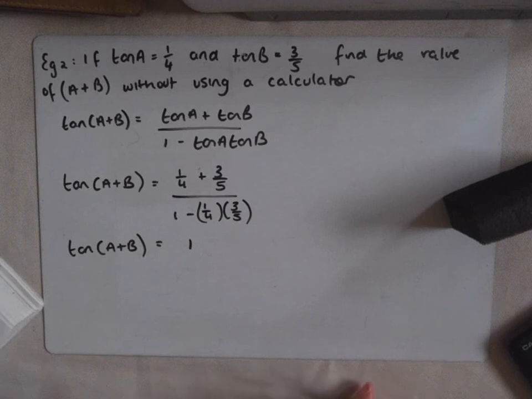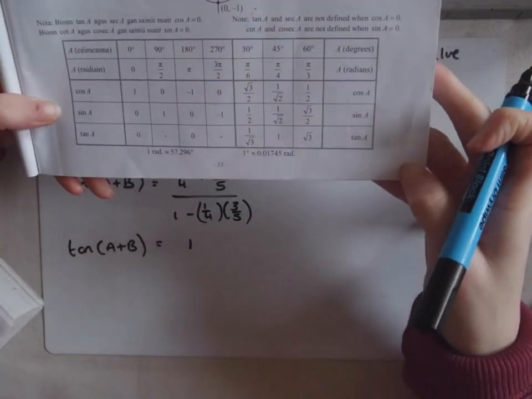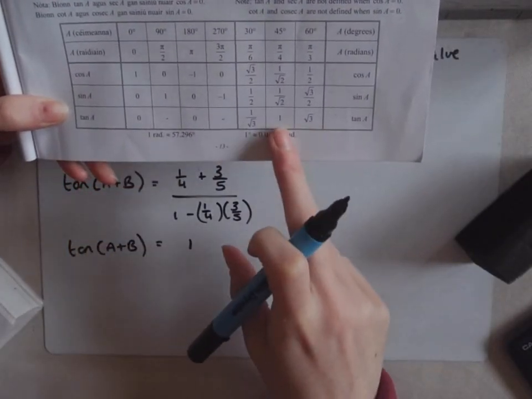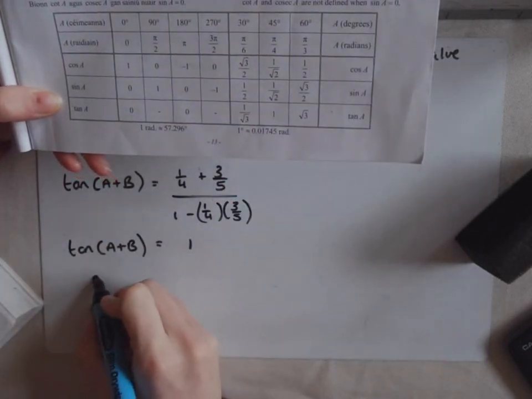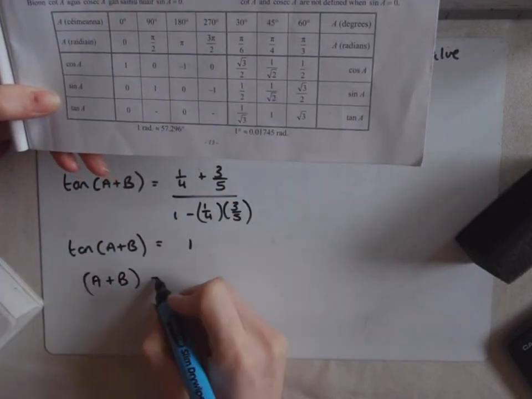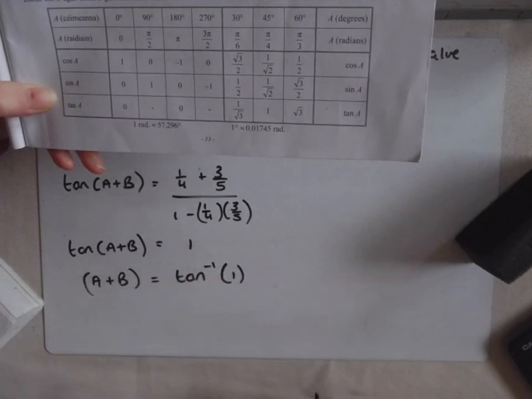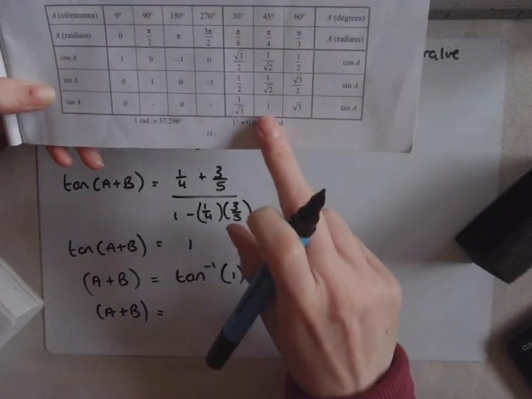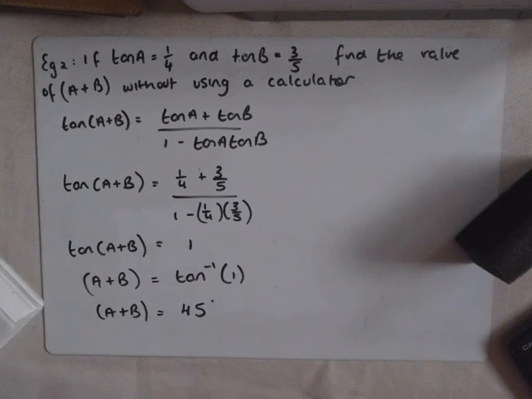Tan of what angle gives you 1? Come back here, we're looking at tan and we're looking for 1. So my angle is 45 degrees. So A plus B would be the inverse tan of 1. Now I'm not allowed to use my calculator, so I go to my log tables and I look for 1 and I know that that's 45 degrees.